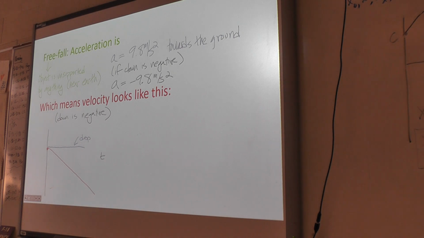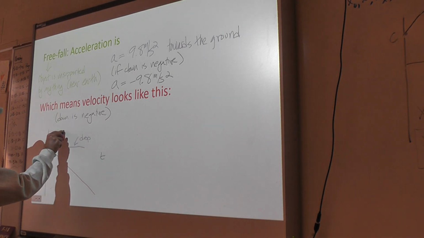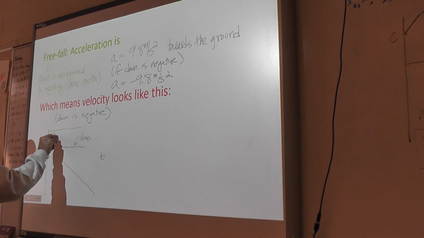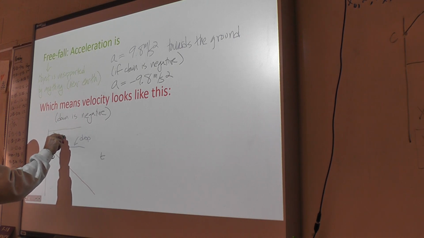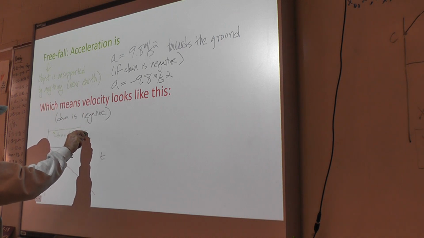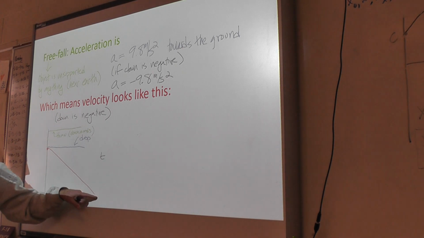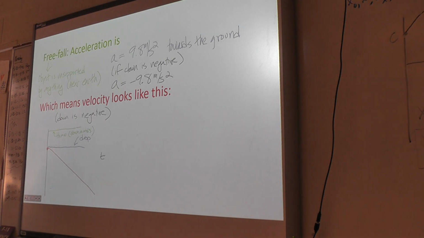And if that's true, then my velocity versus time graph looks more like this. I'm throwing it downwards, and that means that it starts off moving in the negative direction, and then it speeds up because it's in free fall.